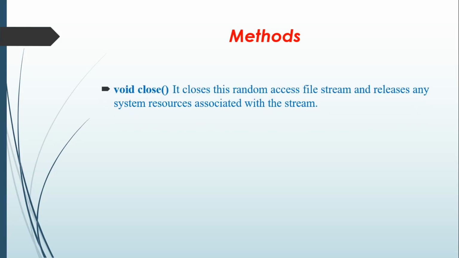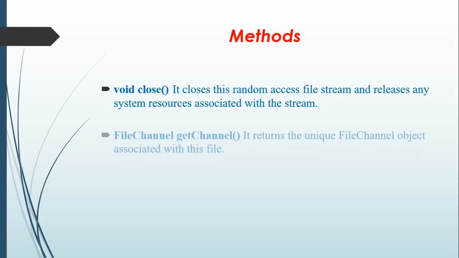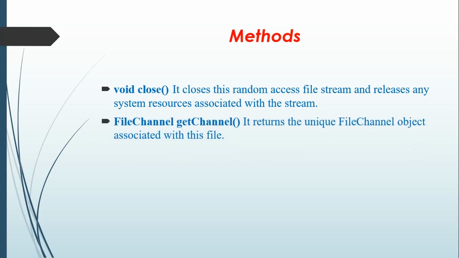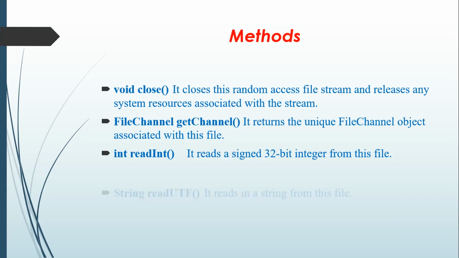Here is a list of methods used by random access file. First one is void close(). It closes the random access file stream and releases any system resources associated with the stream. FileChannel getChannel() returns the unique file channel object associated with this file. int readInt() reads a signed 32-bit integer from this file.